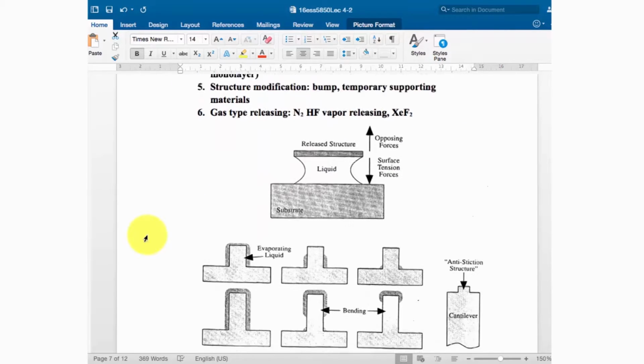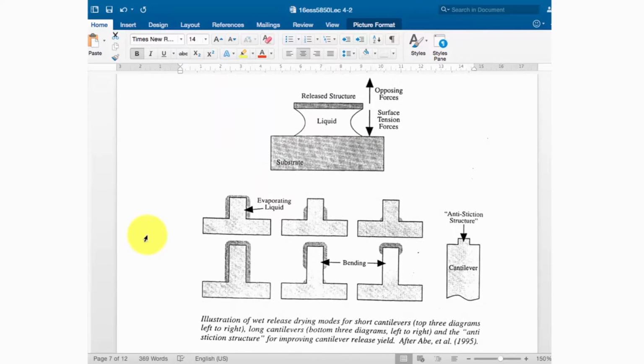So we can take a look at this figure to understand the mechanism of stiction occurring. For example, you have a cantilever beam structure like this. You have a long one and a short one. And this is the cross section of your cantilever beam.